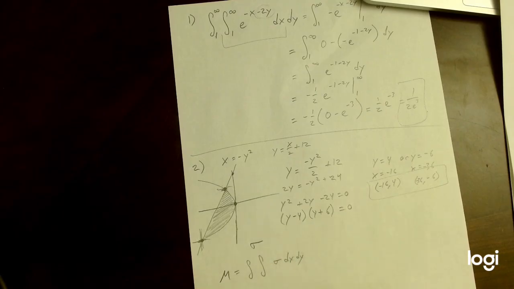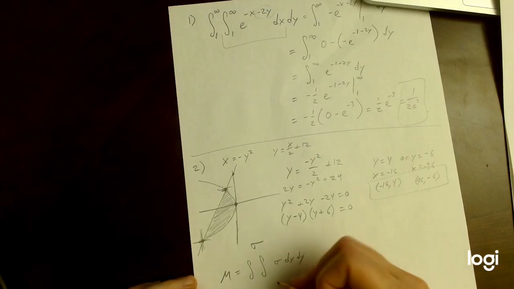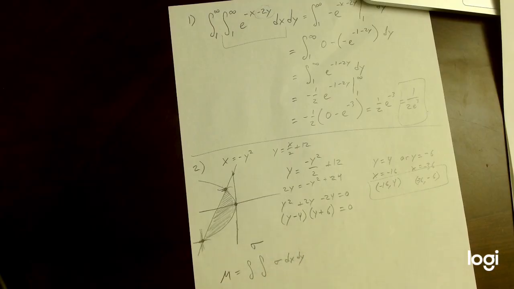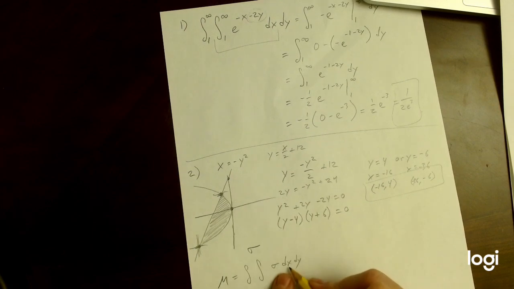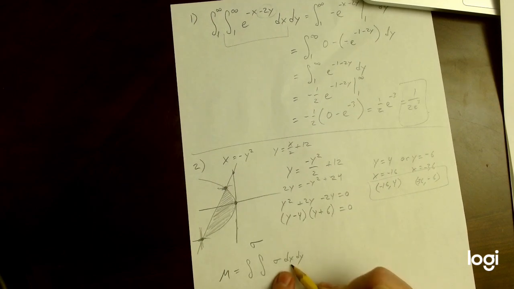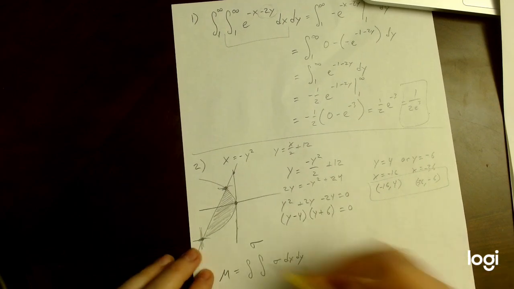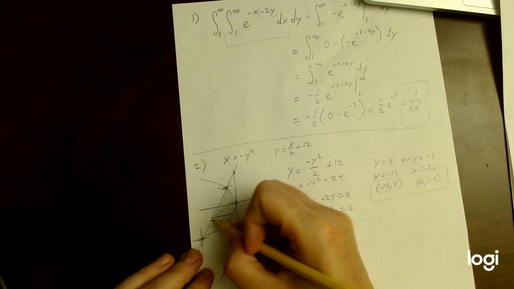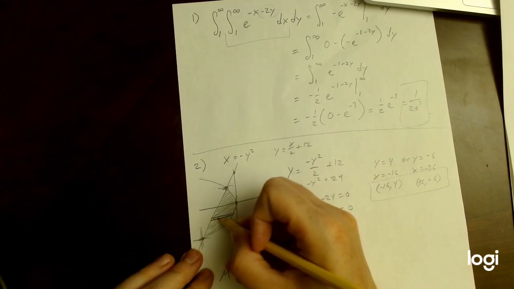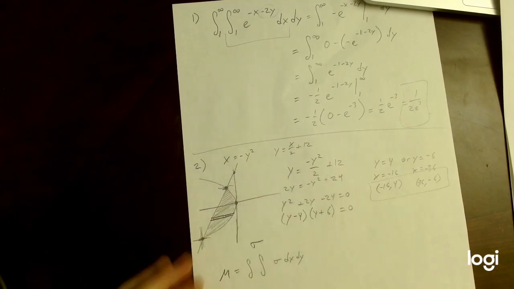This constant sigma, of course, could just come out front, but I need to figure out what my limits of integration are. And so if I do it this way, where I've written dx as the inner integral, remember that means I'm drawing these kind of horizontal stripes here that I want to be integrating.